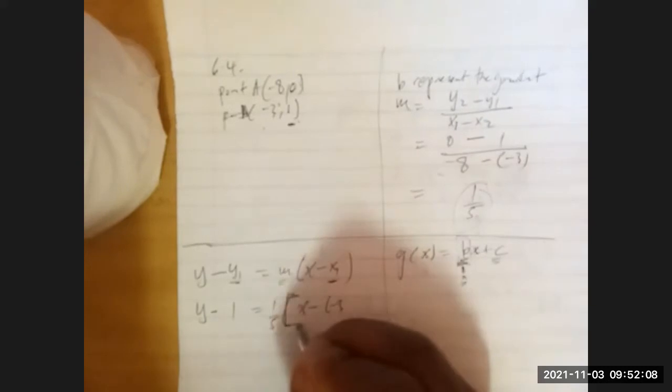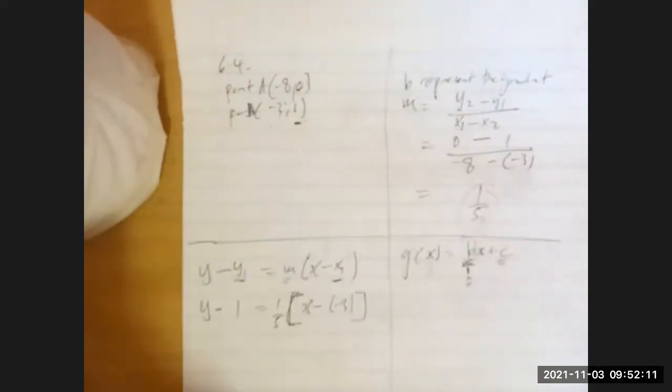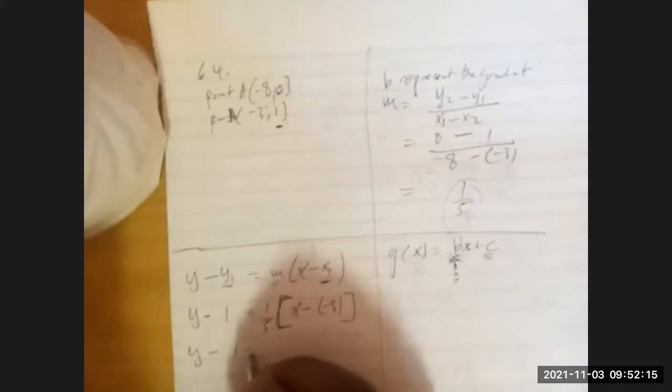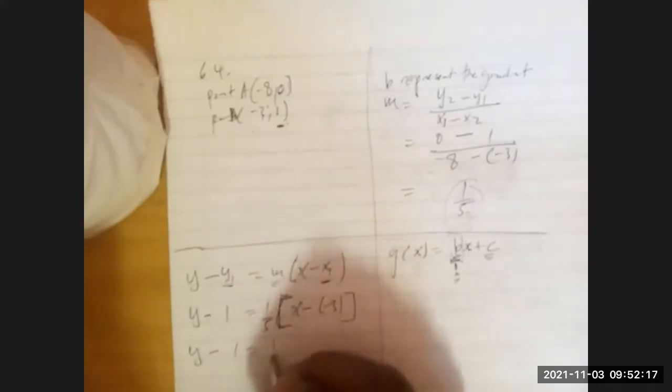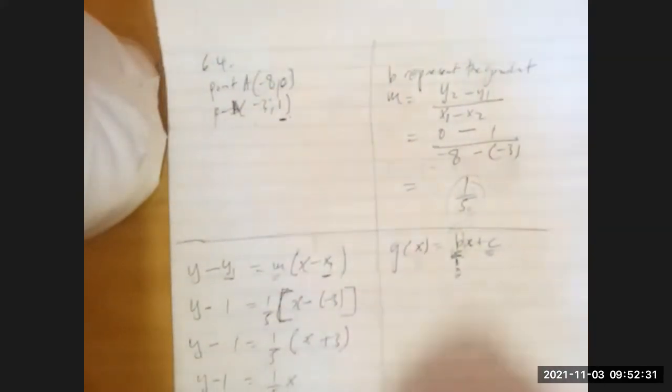So we are supposed to have square brackets here. Now y minus 1 will be equal to 1/5. Let's simplify what's inside the bracket first. So this is x, negative multiplied by negative gives plus 3 here. And then y minus 1 is equal to 1/5 multiplied by x, and 1/5 multiplied by 3, which is going to be plus 3/5, okay?